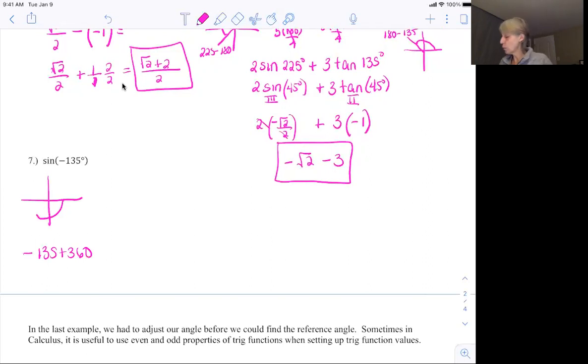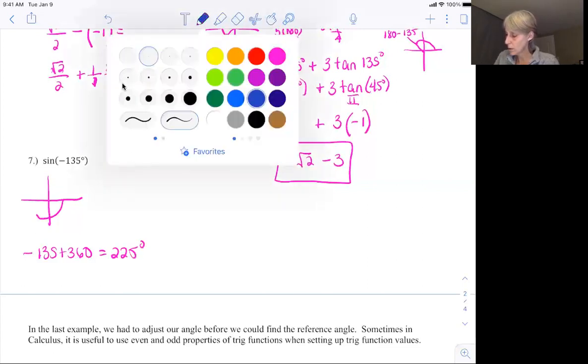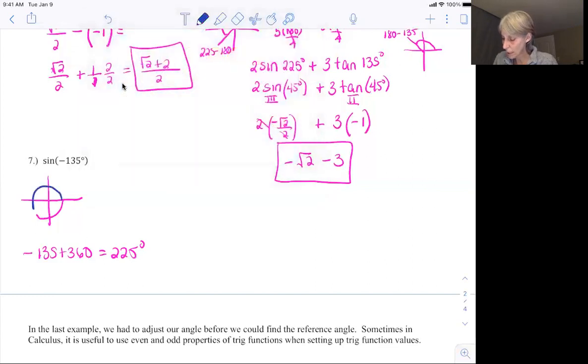So if you do negative 135 plus 360, we're really opening up 225 degrees in that direction. Okay, so negative 135 is the same as opening up an angle of 225.